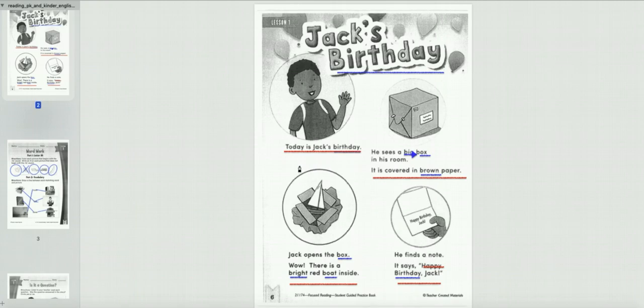So Jack's birthday. Today is Jack's birthday. He sees a big box in his room. It is covered in brown paper. Jack opens the box. Wow, there is a bright red boat inside. He finds a note.